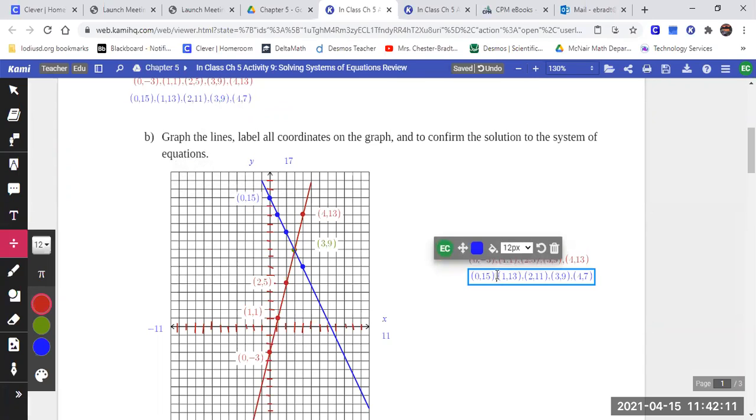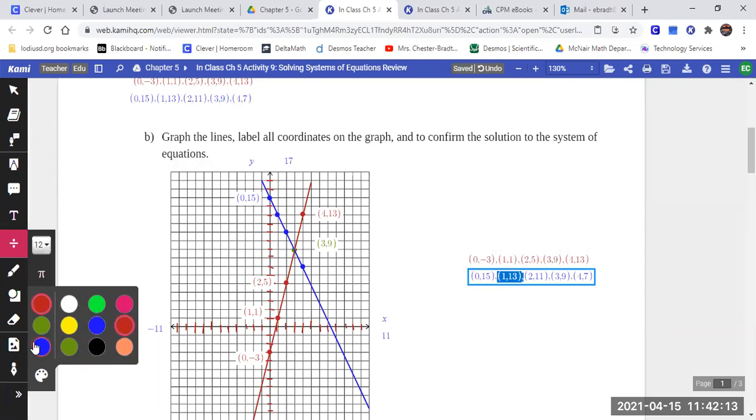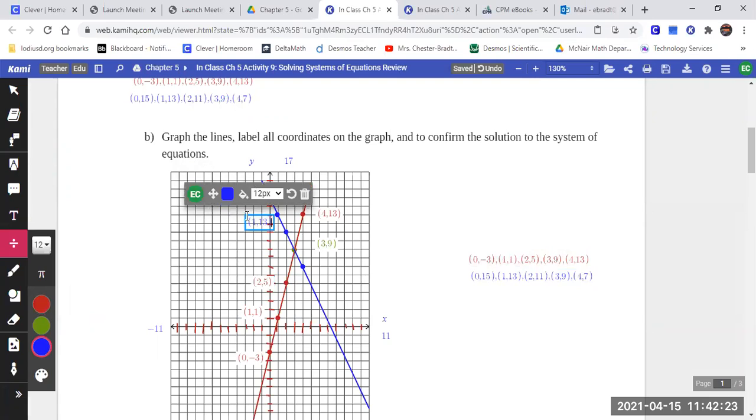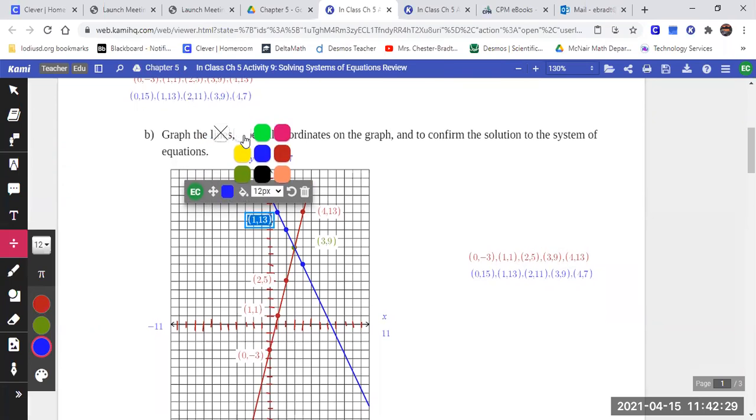So I'm just copying and pasting my coordinates over onto my graph. The process we just did is what you're going to be doing for yourself after class for number 2. Okay, but I am going to get started with one thing related to it. And I will explain in a moment once I get my copy and paste.